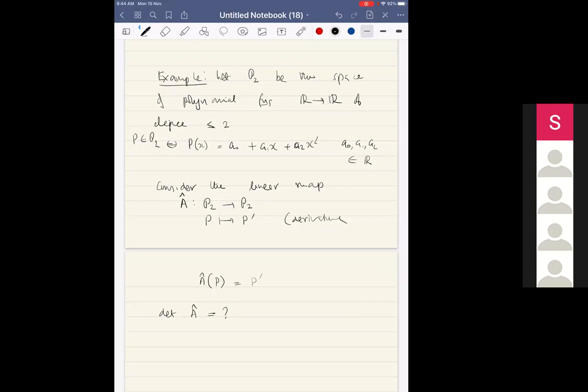But at the moment, I'm asking you to recall everything that I said today about the determinant of a linear map from a vector space to itself. And somewhere within there is a clue to my question, which is actually quite easy if you notice one fact about this particular A hat.